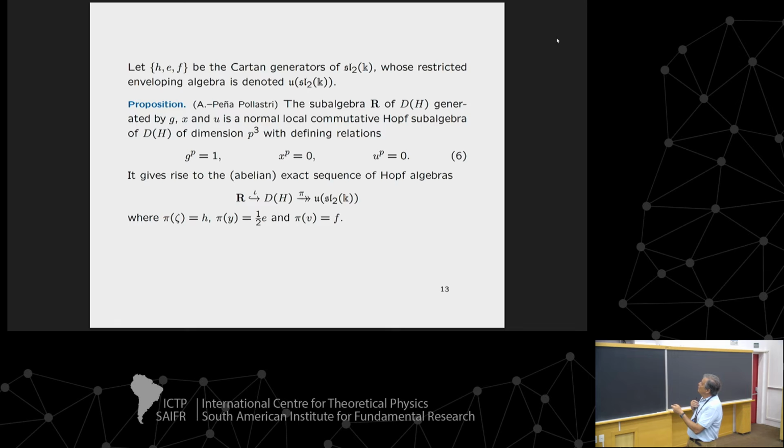It is commutative and has dimension p cubed, and has these defining relations. And if you take the quotient of D of H by R, in the sense of Hopf algebras, what you get is the small restricted algebra of sl2, where concretely pi sends zeta to h, y to 1/2 of e, and v to f.